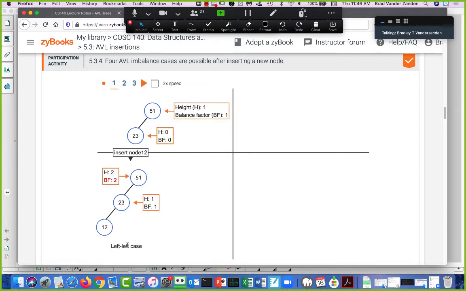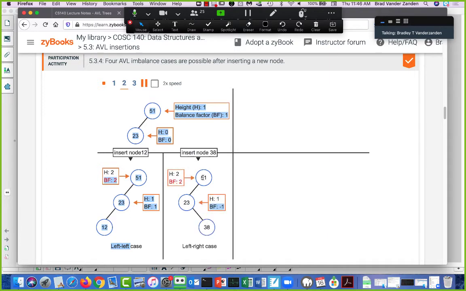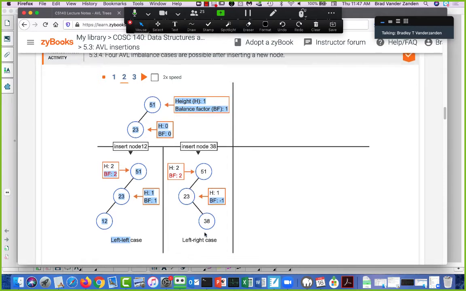Okay, it's left, left. And we would rebalance by rotating about 23. Okay, the second case, we insert 38. It's a zigzag. It's a left-right case. And we do a double rotate about 38.